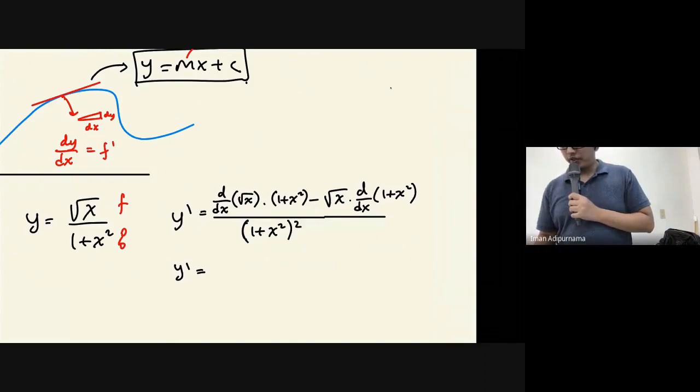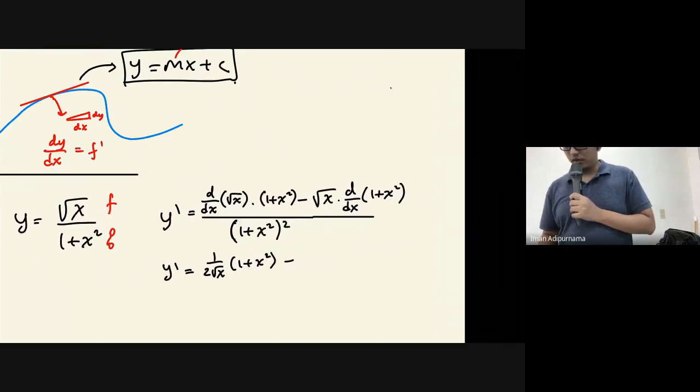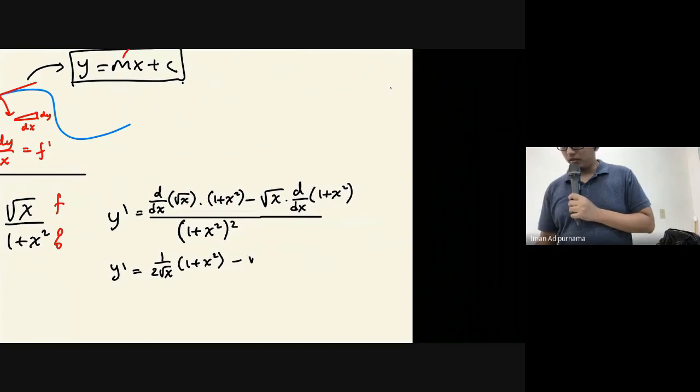The first derivative of square root of x is 1 over, right? And then this becomes 2x, right? Okay.